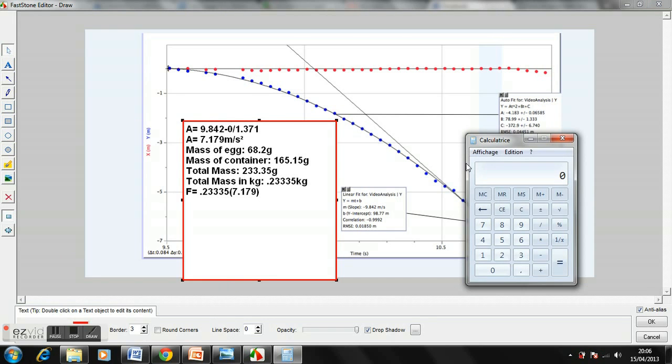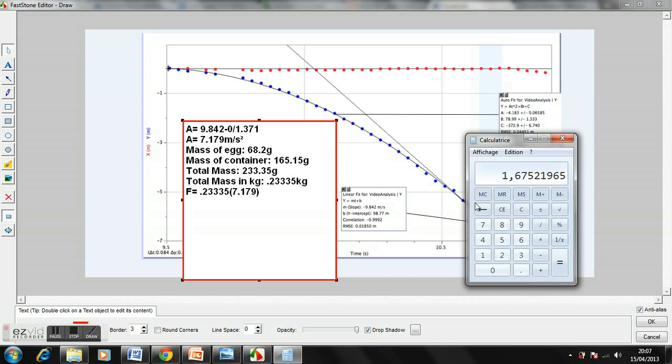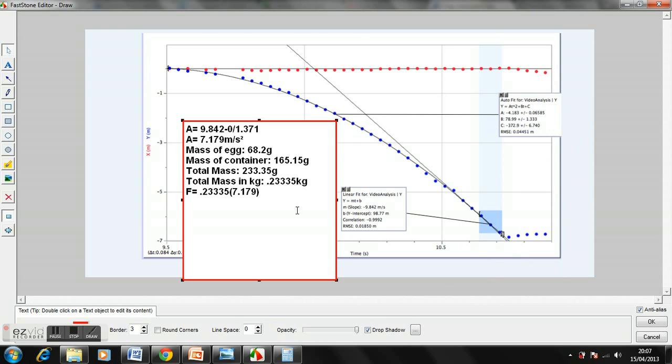Okay, let's do the math here. 0.2335 times 7.179, and we get 1.675. So the force acting here is 1.675 newtons.